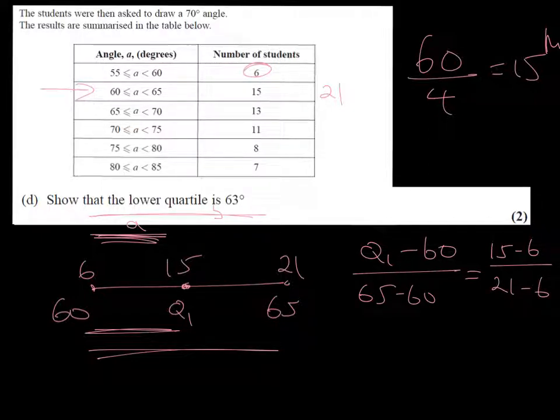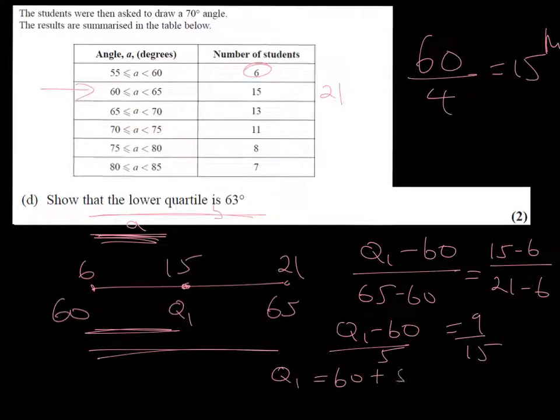So that's going to give us (Q1 minus 60) over 5 is equal to 9 over 15. We can rearrange that to establish that Q1 is 60 plus 5 lots of 9 over 15, which is going to give us an answer of 63 degrees.